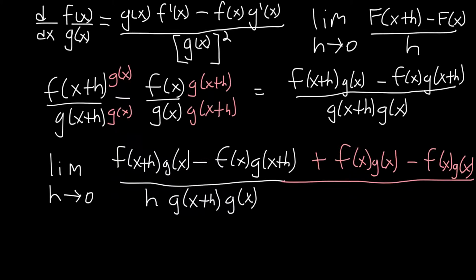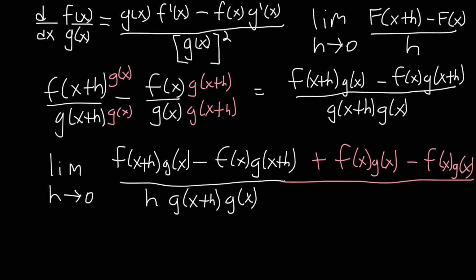Now I'll show you on the next line why this is so useful, but you should be able to start to see it if we look at the two outside terms. Here we have f of x plus h g of x, and here we have f of x g of x subtracted. Looking at these two terms, if we were to factor out this g of x and factor out this g of x, we would have f of x plus h minus f of x.